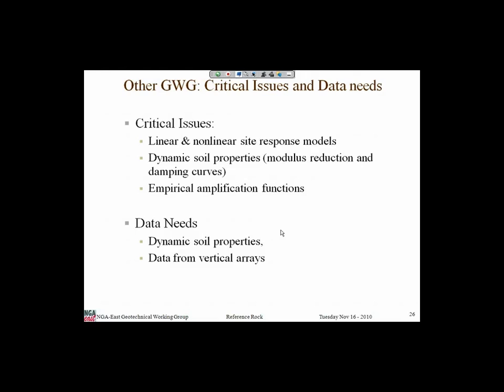The other issue is dynamic soil properties. In many of the site response models that we use, be it equivalent linear or nonlinear, we use modulus reduction and damping curves. The latest versions we have are, say, Darren Daly's model, for example. But many of these models do not show the data behind them.